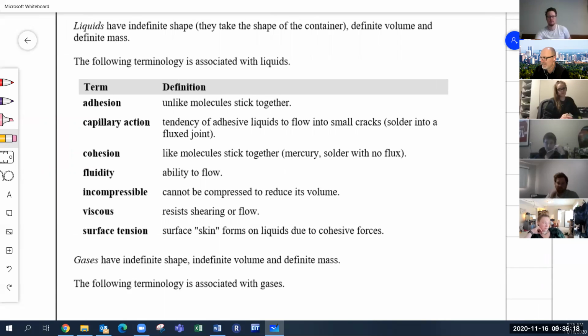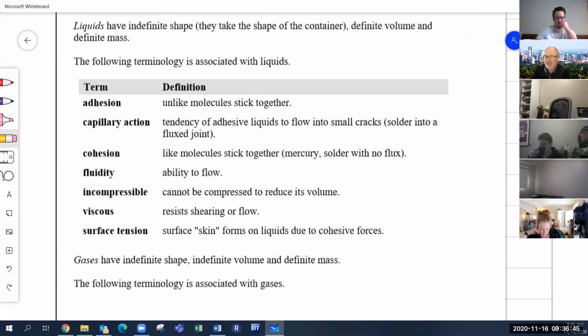They have some illustrations in this book, and we'll talk about how water sticks to surfaces. Then there's capillary action. I think we've even talked about this before in welding fab. It's the tendency of adhesive liquids to flow into small cracks, like solder into a flux joint.